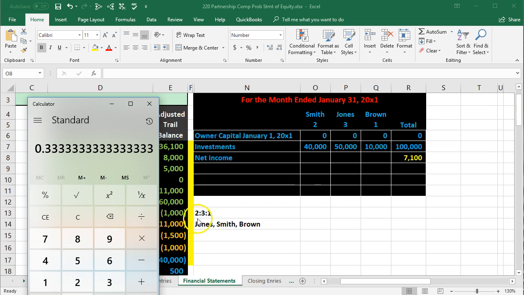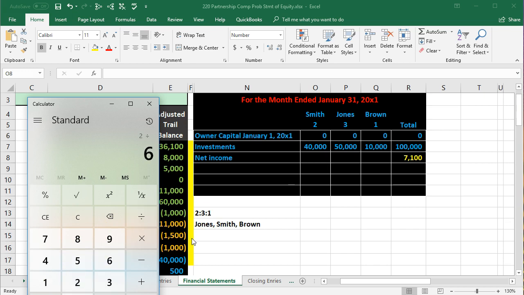So this is one way to write a fraction. All you do is allocate 2-3-1 to Smith, Jones, and Brown respectively. If you see this in a problem or in a document, to calculate it, 2 + 3 + 1 is 6. And then we just take their portion over the total.